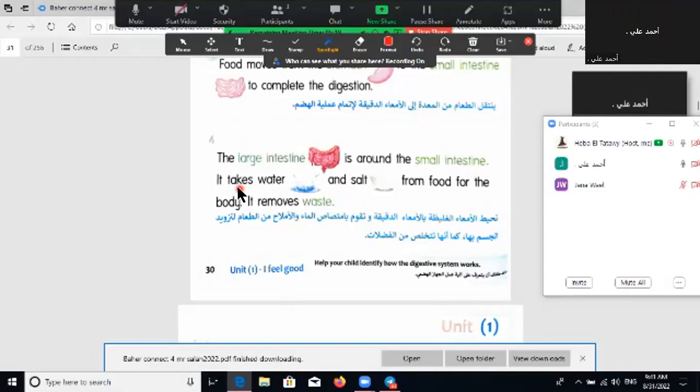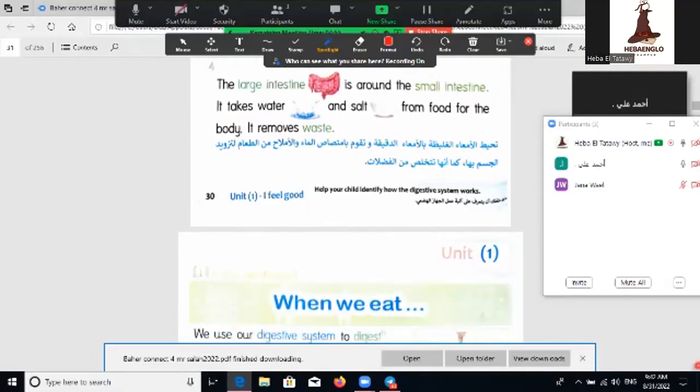First, it takes water and salt from food for the body. Number two, it removes waste. Okay? So there are two jobs for the large intestine.